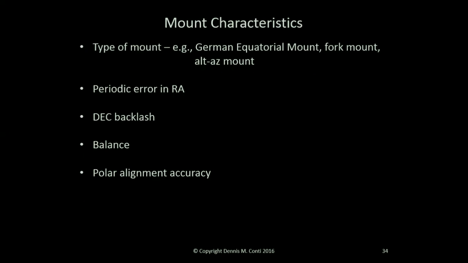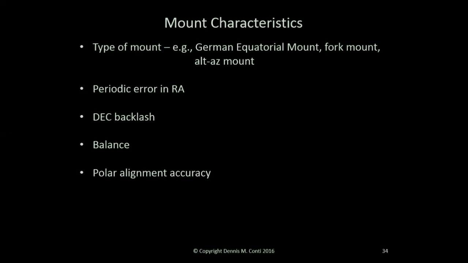Now, another set of characteristics has to do with the mount itself, first of all, with the type of mount. There are German equatorial mounts, fork mounts, alt-az mounts. And each of these mounts has different pros and cons with respect to exoplanet observing.